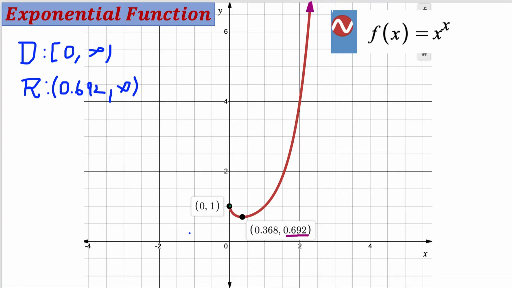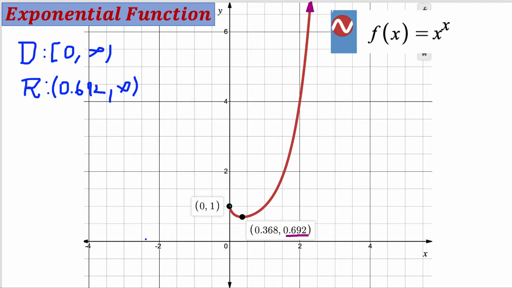And why doesn't it have a graph from minus infinity to 0? It doesn't have it because if we have an exponential function where the base is negative and the exponent is also negative, then we're going to have lots of complex numbers.